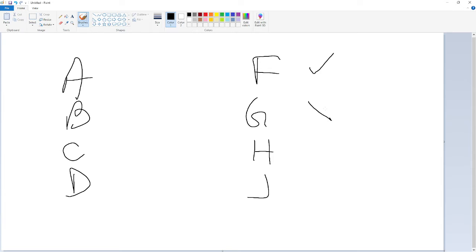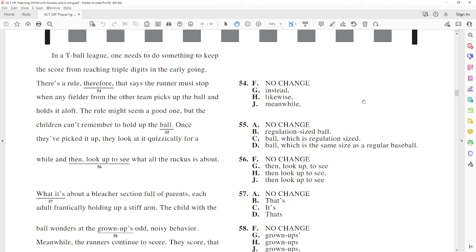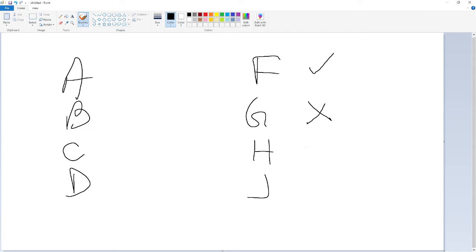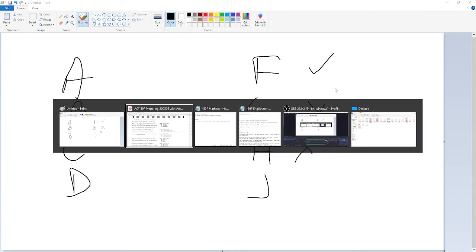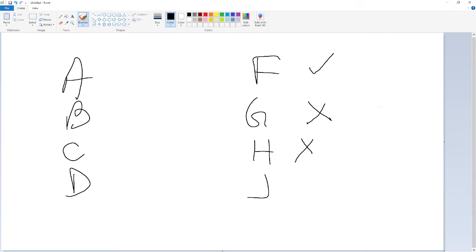Therefore worked. Instead doesn't work. Likewise, a runner must stop when any fielder from the team picks up the ball is not likewise to there needing to be a way to stop the score. Although one causes the other, they're not similar. You can't compare them. That'd be like saying your weight is similar to a scale. The scale measures the weight, but they're not similar.